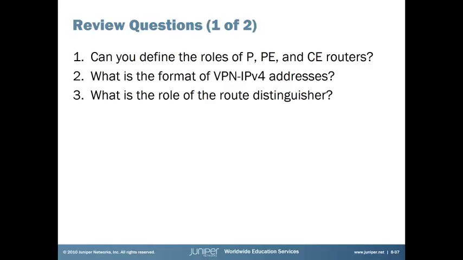It deals with the problem of different customers using exactly the same IP addressing schemes, or overlapping IP address space, which they could of course do because that's their own network. It deals with that situation by making every route different, by adding this extra information to it, the route distinguisher.